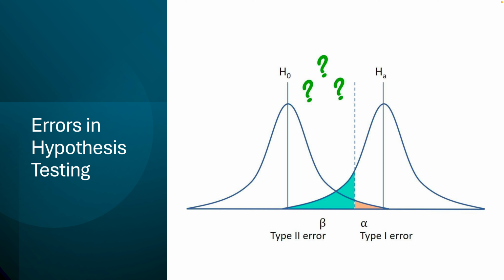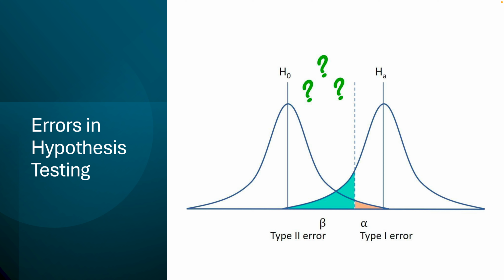One of the errors that may occur is that the true population parameter, though true, does not get captured or does not surface in the sample collected.